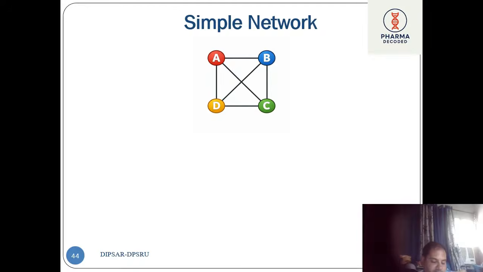So if you want to identify a new drug repurposing candidate, you have to understand the interactions of that drug with the other targets, and then you have to study what the role of these targets is in that particular disease, and then you also understand the clinical data as well.